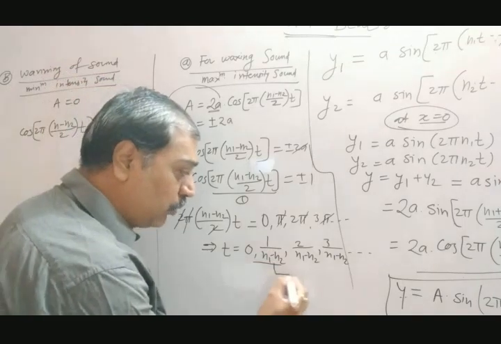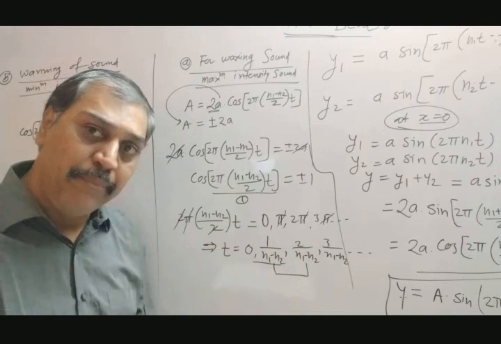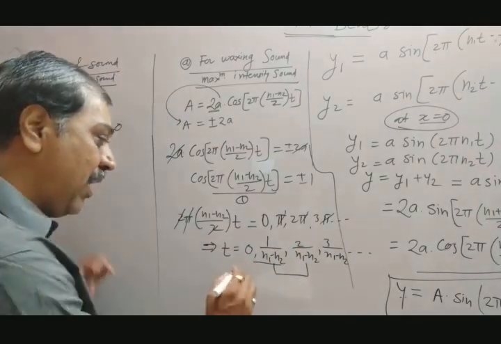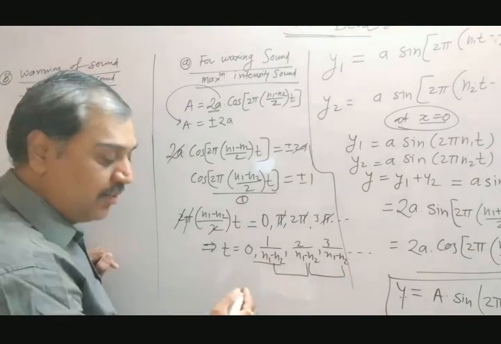If we consider the next two, the difference is 2 minus 1 divided by (n1 − n2), so again it is 1 divided by (n1 − n2).